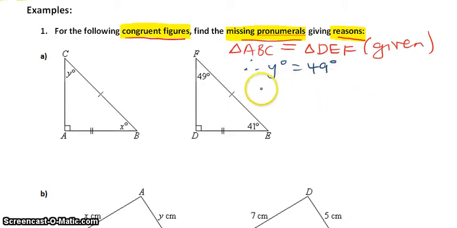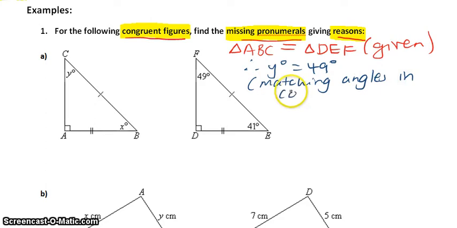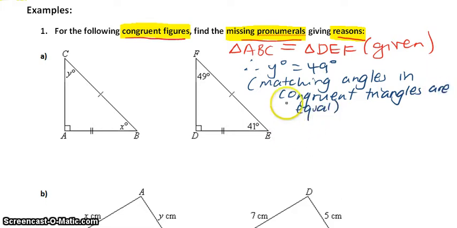And why does y degrees equal 49 degrees? Because it's a matching angle in congruent triangles, and they are equal, because the question told me that these were congruent. I can say that therefore x degrees is equal to 41 degrees.